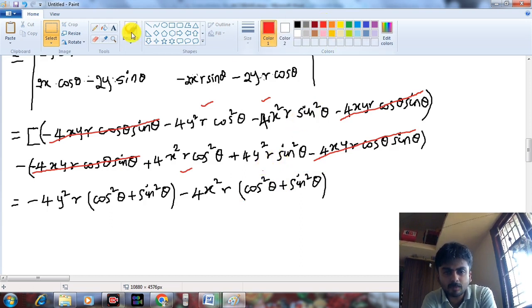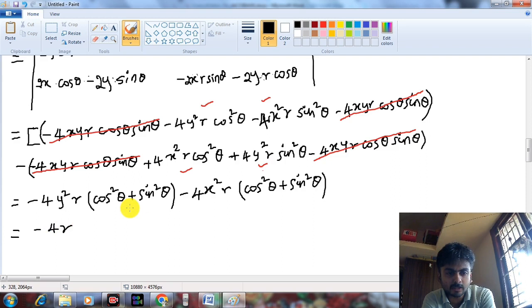Now we have to use the value of cos square theta plus sin square theta, that is 1. So we will have minus 4, and we shall take r also commonly outside.